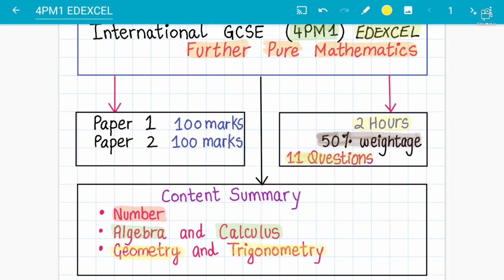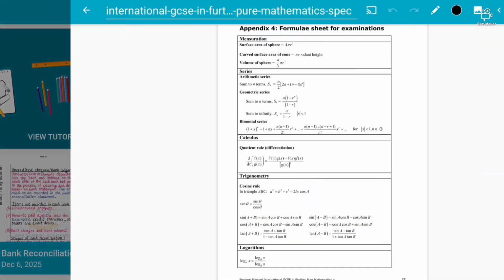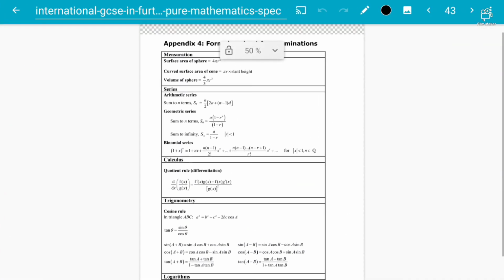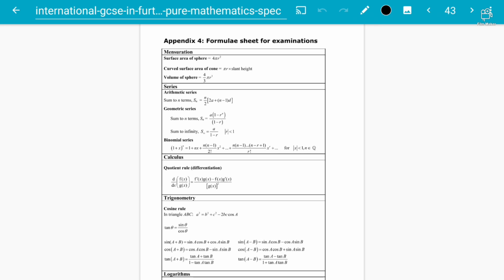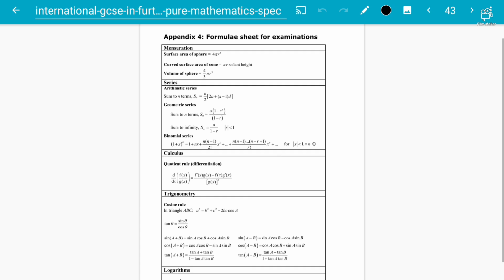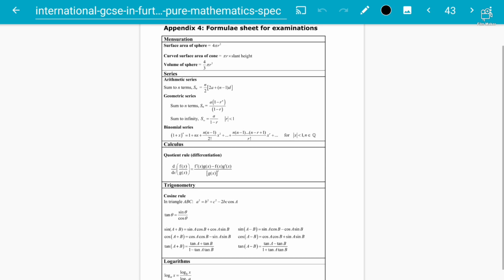I'll just show you the formula sheet, which is also available. A quick look at the formula sheet, which will be available to students: it includes double angles of trigonometry, arithmetic and geometric series formulas, mensuration formulas for sphere, volume, surface area, and cone, as well as logs.